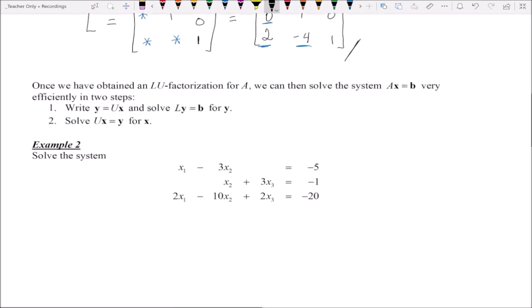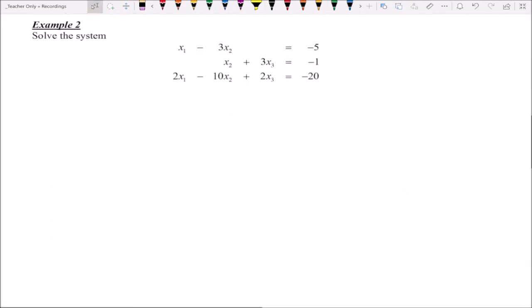If we look at this system we wish to solve, the first thing we should do is write the coefficient matrix only. We get 1, -3, 0, 0, 1, 3, 2, -10, 2.